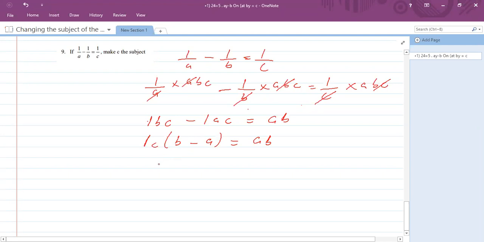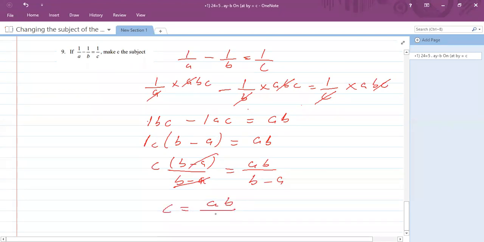Dividing. So C, bracket B minus A, divided by B minus A, is equal to AB divided by B minus A. So this cancels this. So C is equal to AB divided by B minus A. And that is my final answer here.